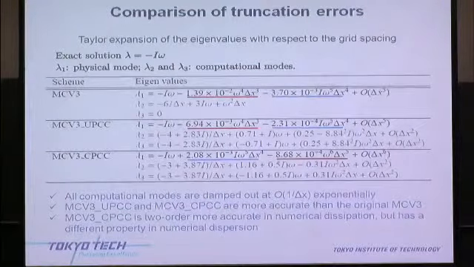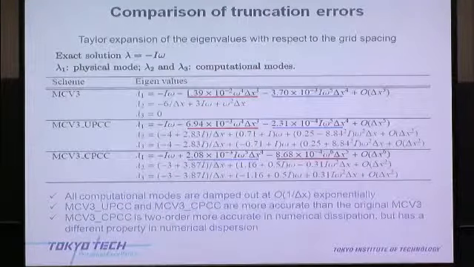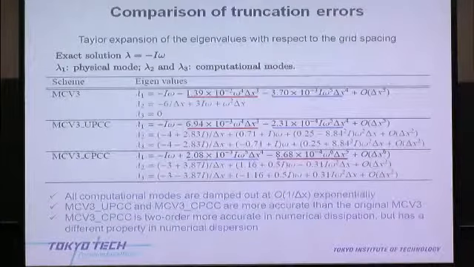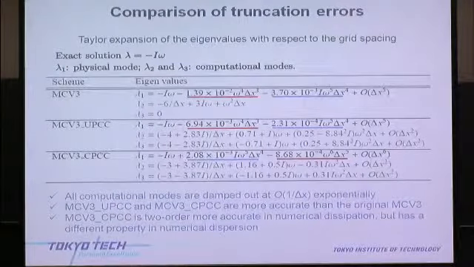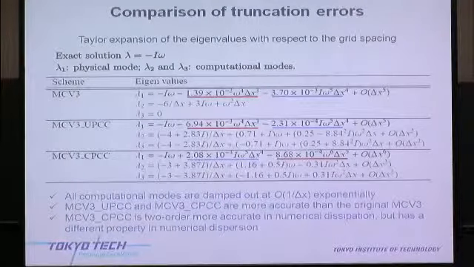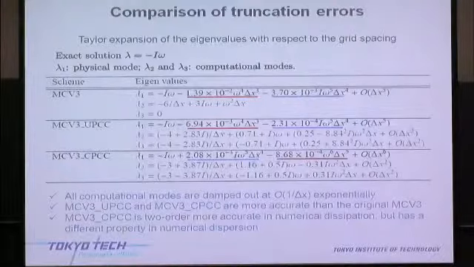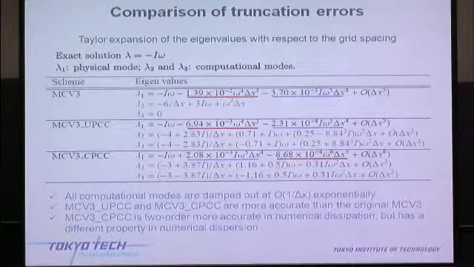Maybe this can partly answer your question: we have some computational mode there, but this mode will, as you can see, be of the order of inverse of delta x in all the cases. So it will disappear very quickly.